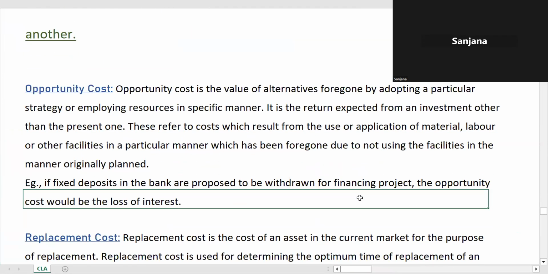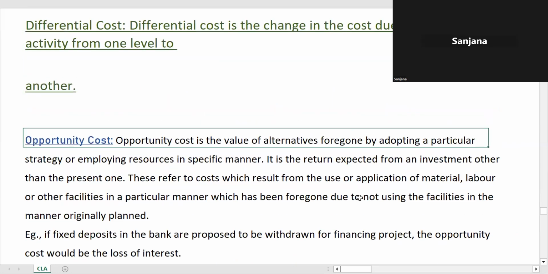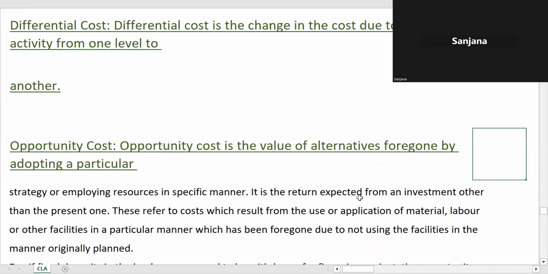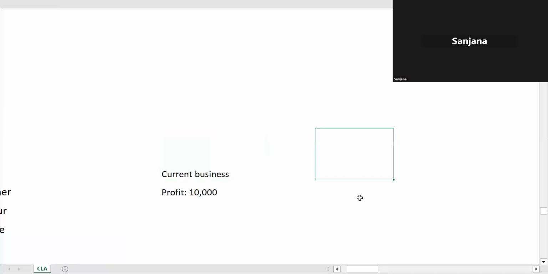Fine. Now, opportunity cost. Basically, opportunity cost is the cost of foregoing any opportunity. Say I am doing my current business and getting a profit of 10,000. I stop this and start a new business in the same shop.